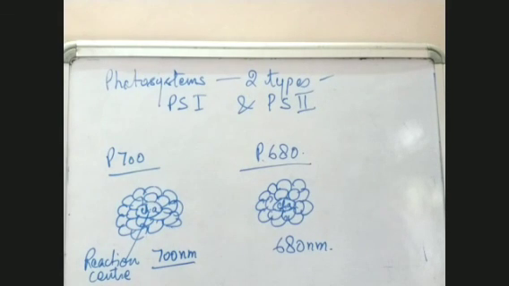In PS1, the wavelength absorbing capacity is a maximum of 700 nm, whereas the absorption peak in PS2 is 680 nm. So this is the major difference between the two photosystems seen in the antenna complex. Both these photosystems work together and help in the process of photosynthesis. How they help in photosynthesis, we will discuss tomorrow.